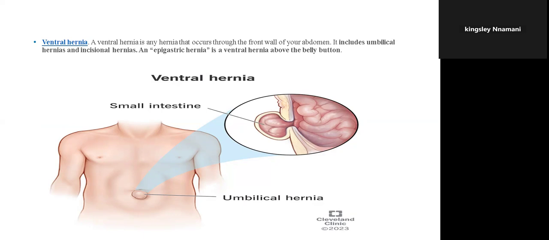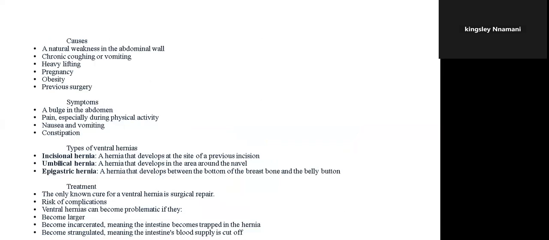And the one above the diaphragm, around the chest region, is equally called the epigastric hernia. So the three, the medical personnel might just generally refer to them as ventral hernia. So let's not waste time on that.